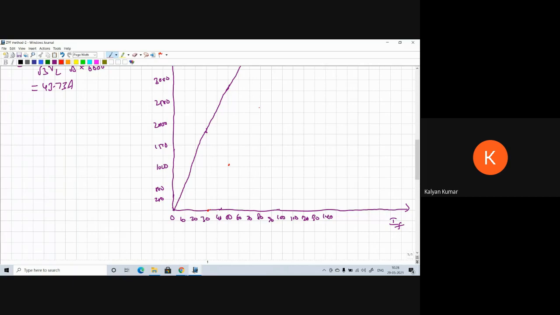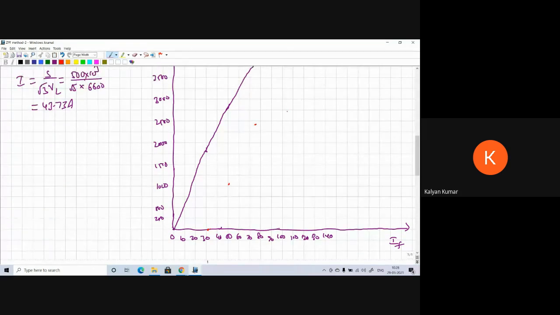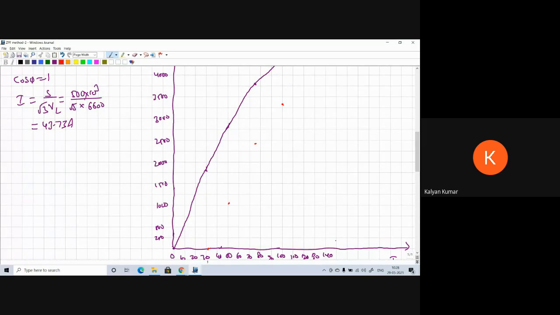Next, 2450 for 75. Next for 100, 3350. Next for 140, 4050.